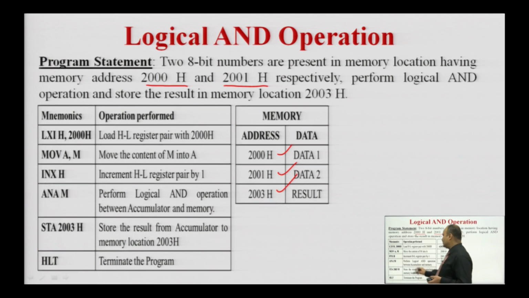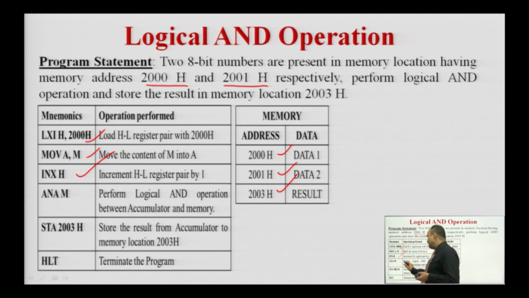Here, with the help of instruction LXI H, 2000H, the HL register pair is initialized with the address 2000H, and with the help of MOV A, M, the first data is copied into the accumulator. Then we increment the HL register pair by 1, so it will point to the memory location where data 2 is present.